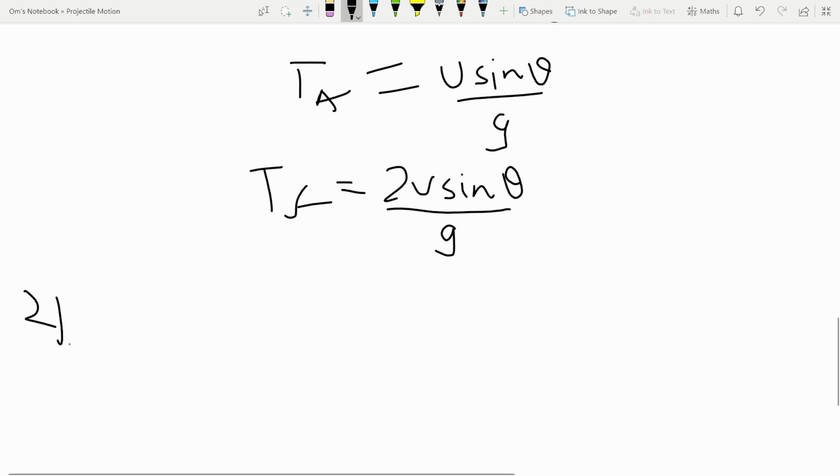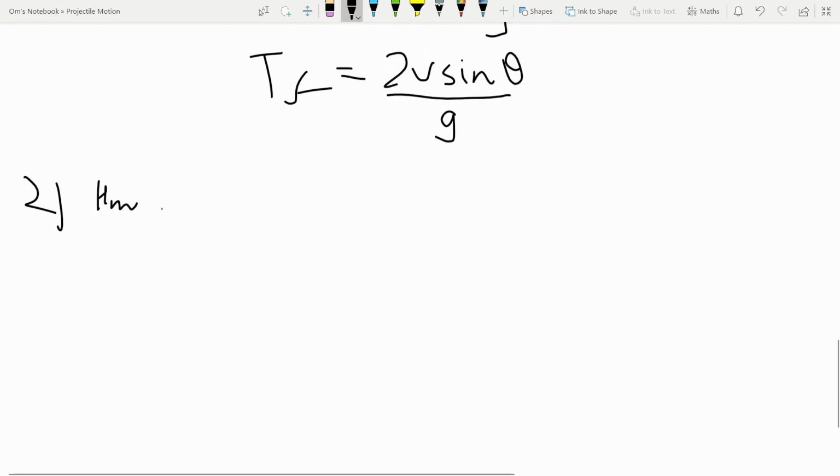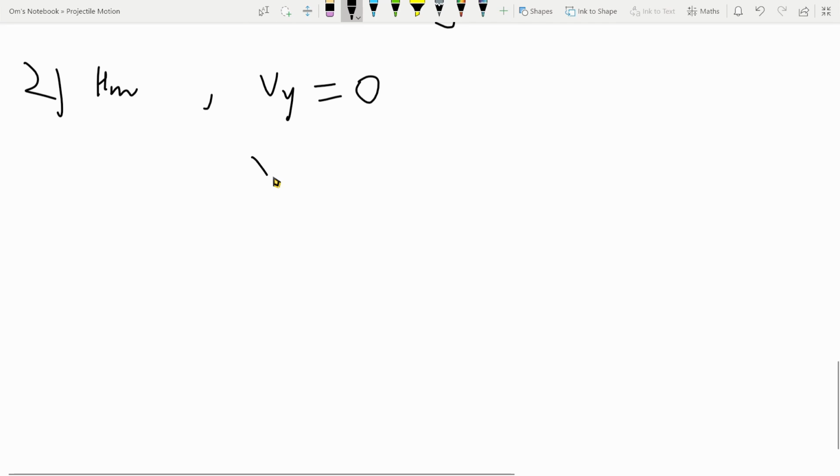Secondly, we'll talk about maximum height, that is h or hm if you want to denote it like that. So we'll again use the fact that Vy is actually equal to 0, and we are going to use our third equation of motion here. So just to set it over here again, v square minus u square is equal to 2as.